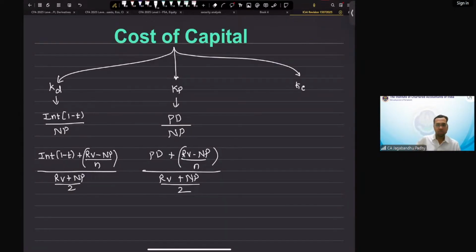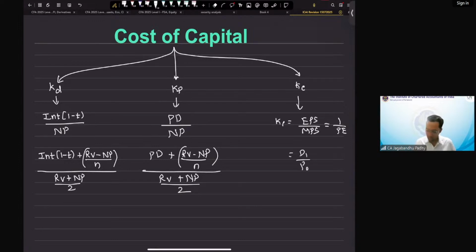When it comes to cost of equity, we have various models. First model is constant earnings, wherein it is just EPS upon MPS, earnings per share upon market price per share. We also call it the 1 upon P ratio.